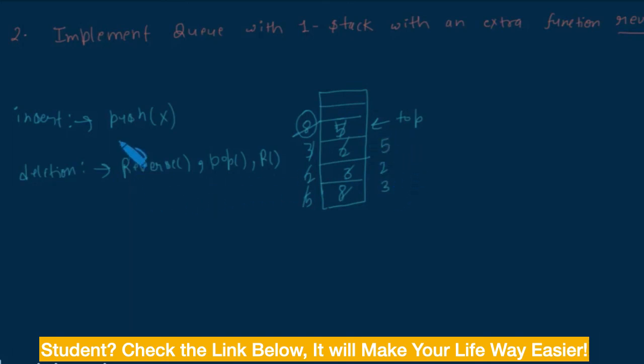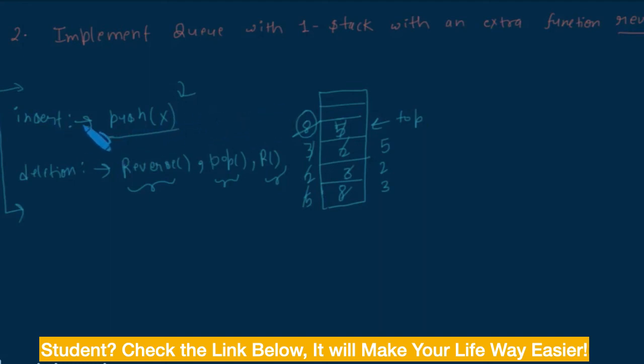So for insertion, you will simply call push. For deletion, you need to call one reverse, then pop, then one reverse. That means two reverse functions and one pop function. Fine. You can also follow another approach where your insertion will be costly.